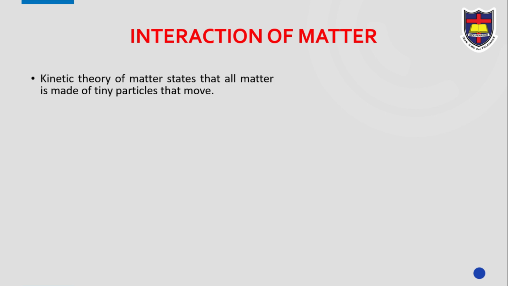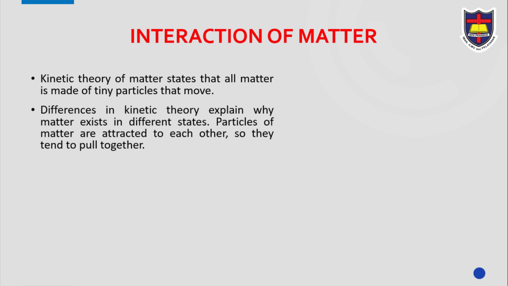In the previous lessons, we have learned about the kinetic theory of matter, right? The kinetic theory of matter states that all matter is made of tiny particles that move. And also differences in the kinetic theory explain why matter exists in different states. Particles of matter are attracted to each other, so they tend to pull together.